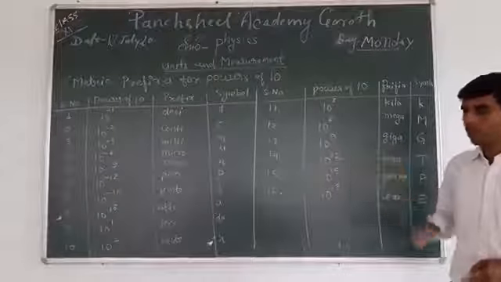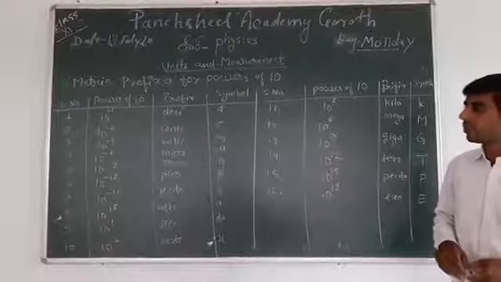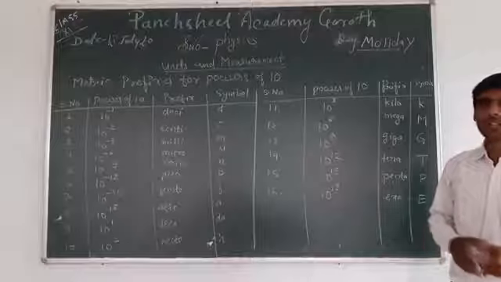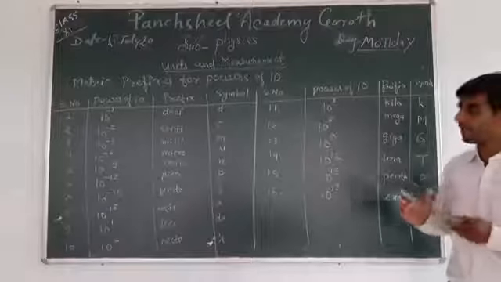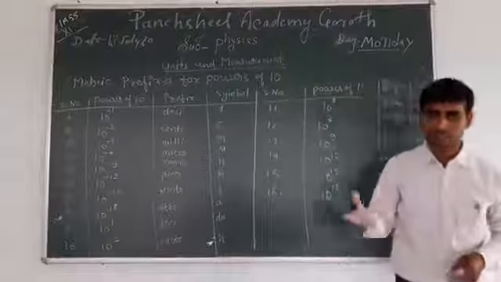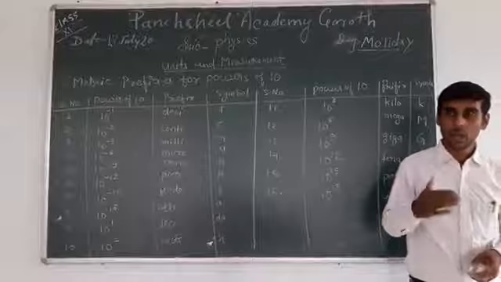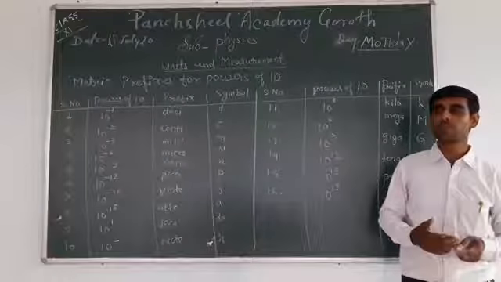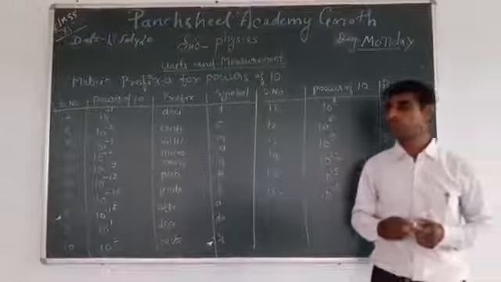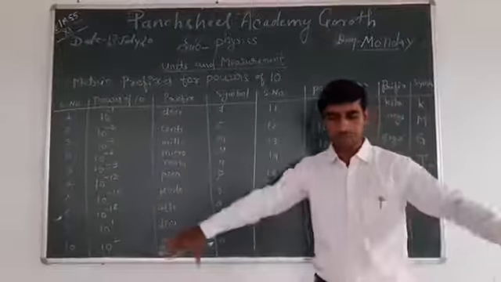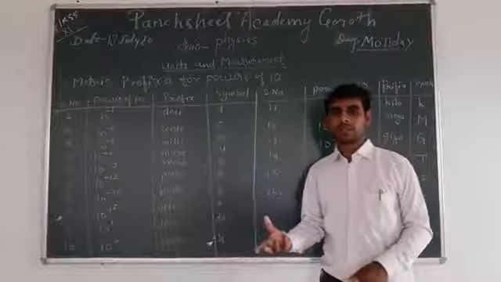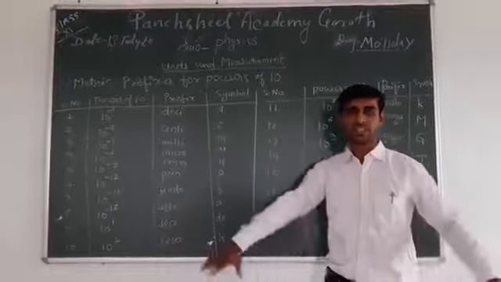Okay. Now in our next video we will understand the measurement of length and mass. This is all about the units, and in our next class we will study how to measure length, how to measure mass, and how to measure time. Suppose we want to measure the distance of a table directly, we can use an inch tape or a meter scale.